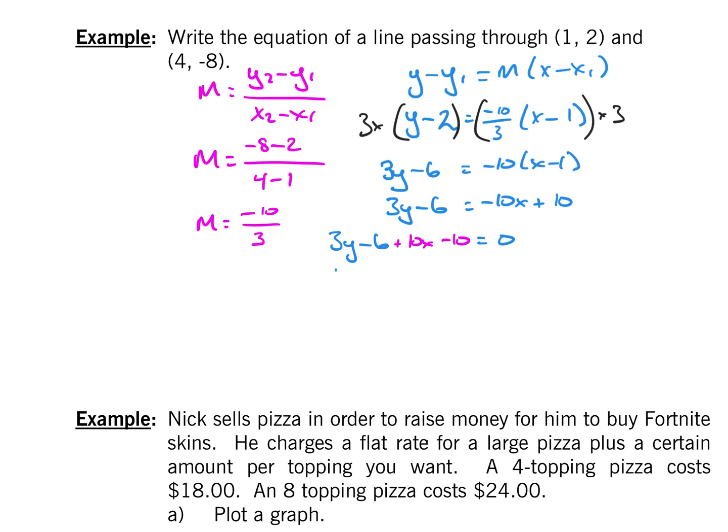Writing our x first, 10x plus 3y, and then we have minus 6 minus 10, that is minus 16 equals 0. There's our equation of the line in standard form.